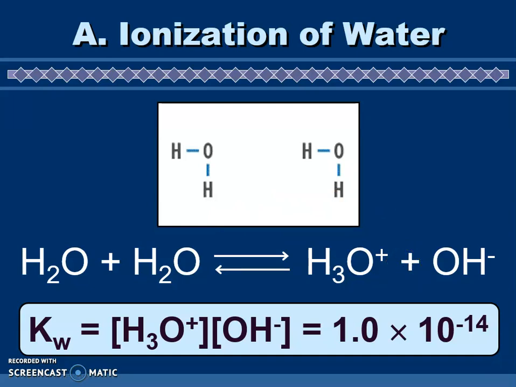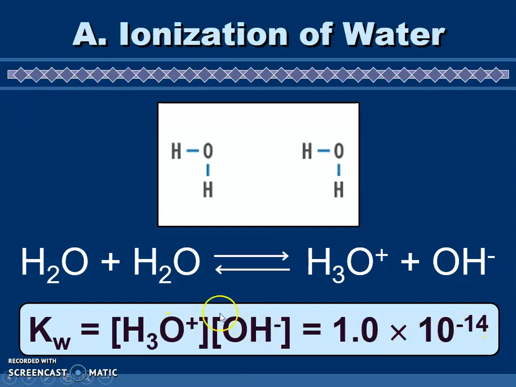And when it's equal, that is on the pH scale 7, right? Neutral. So we can use this equivalency point to help us calculate the specific pH of a substance. So when you have your concentration of hydronium times your concentration of hydroxide, that will equal 1.0 times 10 to the negative 14th.